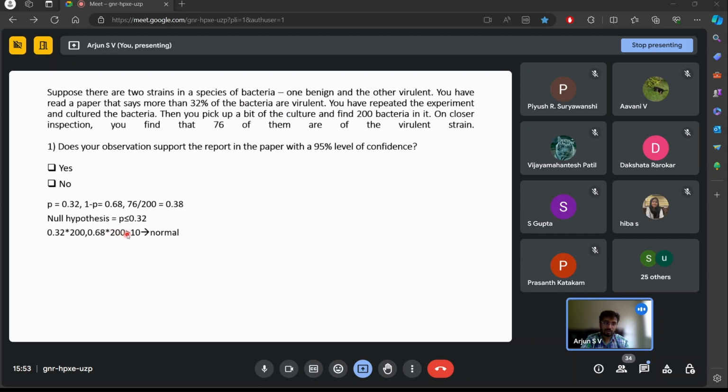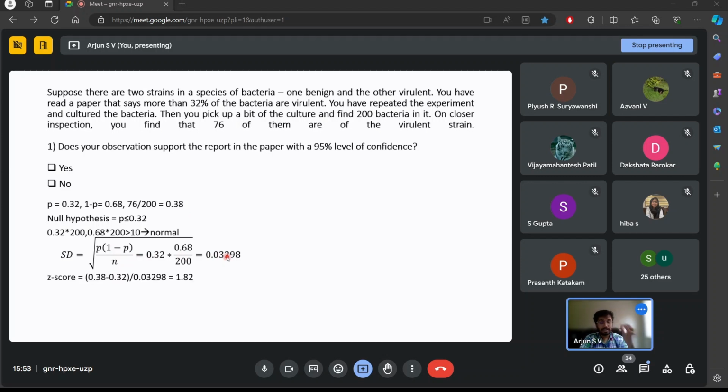So you are sure that your p cap distribution, the measured proportion distribution, will be normal. After that, you calculate the standard deviation, which is given by this formula: you have p, you have 1 minus p, multiply them, divide by n, which is 200, and then take the square root. It gives you the value 0.03298.